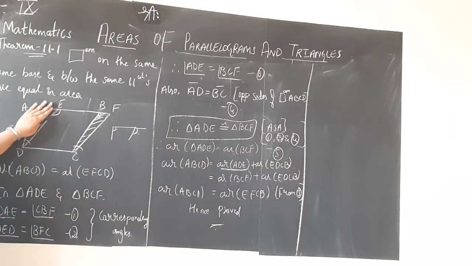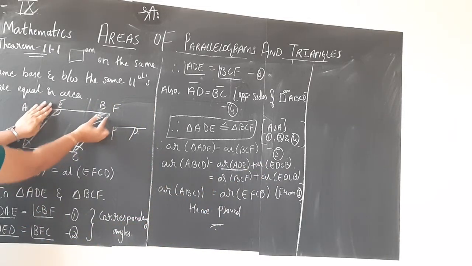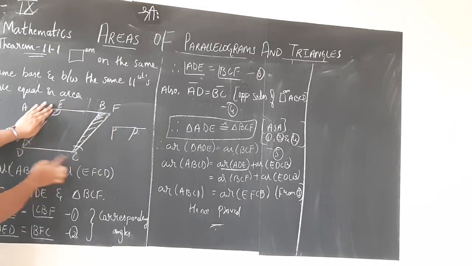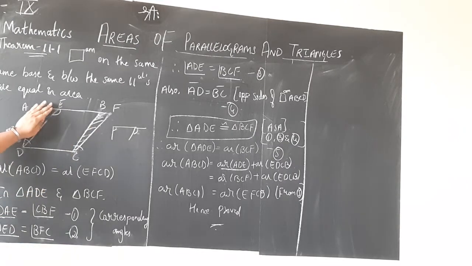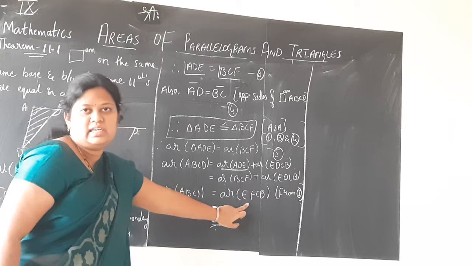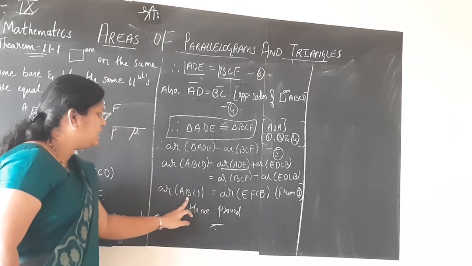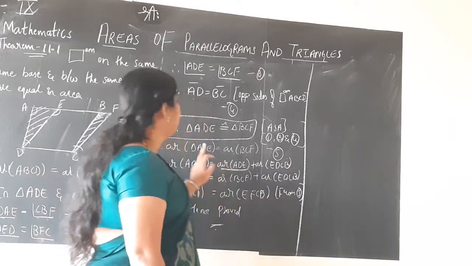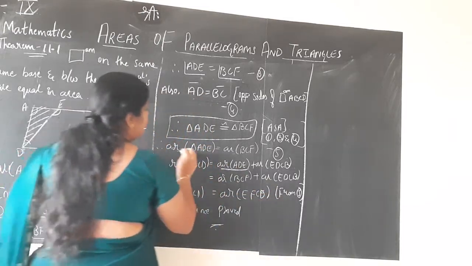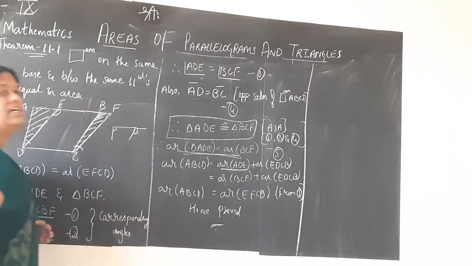So now you forget this part. What did we get now? Area of triangle BFC plus EBCD is what? The whole second parallelogram EFCD, we get by adding the two planar regions, the quadrilateral plus the triangle. So area of ABCD is equal to area of EFCD. How? From equation 5, we know that the areas of both the triangles are equal.